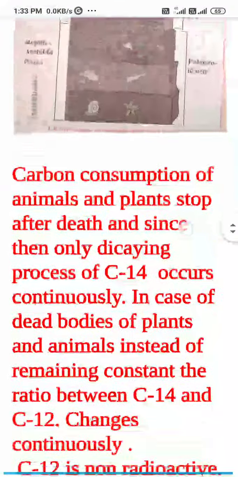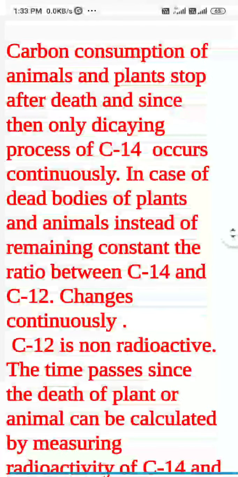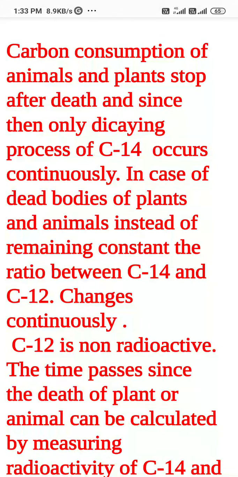Here is the detail about carbon dating. Carbon consumption of animals and plants stops after death. Since then, only the decaying process of carbon-14 occurs continuously. In the dead bodies of plants and animals, instead of remaining constant, the ratio between carbon-14 and carbon-12 changes continuously.